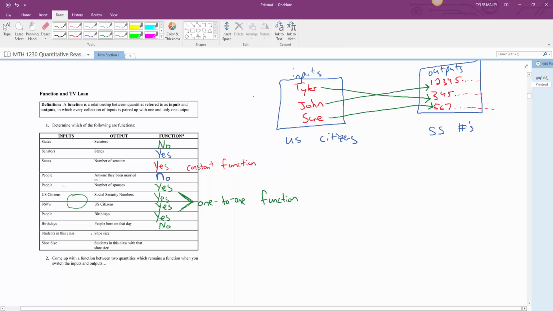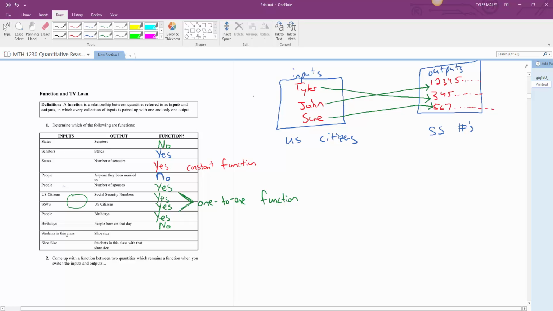Then the next row is students in the class, and that's going to get matched with shoe size. If I pick a random person in this class and map that to shoe size, how many mappings will that go to? So let's say, I don't know, Ashley.